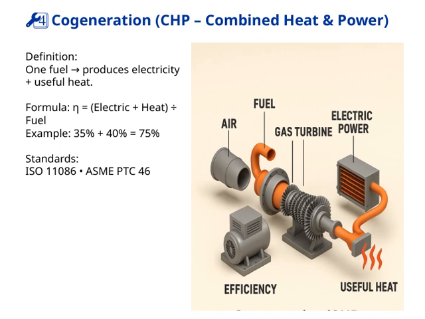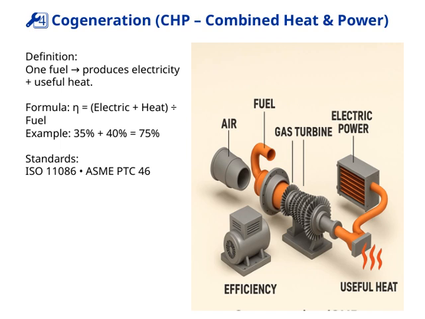Speaking of efficiency, we often measure it with this simple formula. Eta equals the sum of the electrical and heat efficiencies divided by the fuel input. For example, if a system produces 35% electrical efficiency and 40% heat efficiency, the combined efficiency would be 75%. That's a big improvement compared to traditional methods.